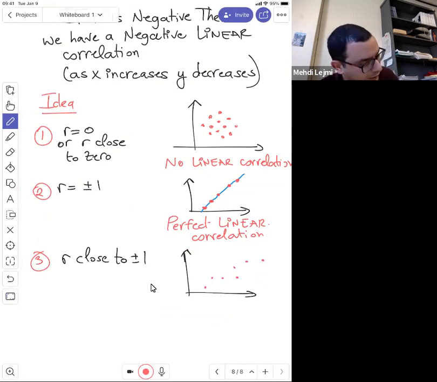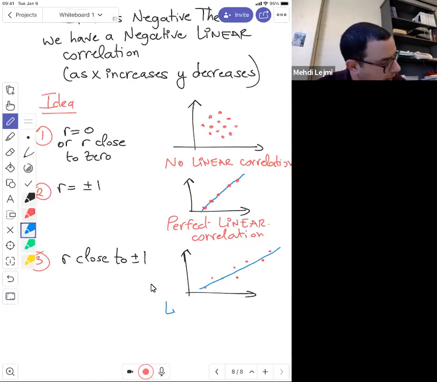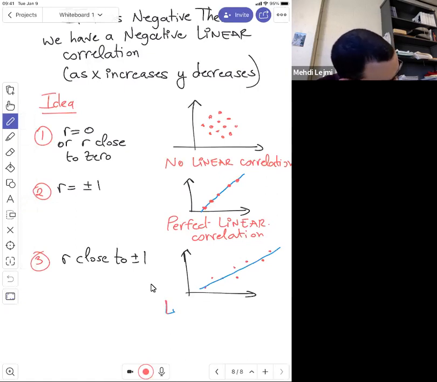Your data is going to look like this. It's not perfect, but still this is a linear correlation.